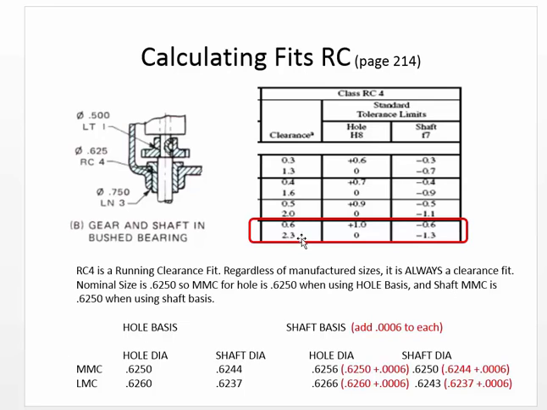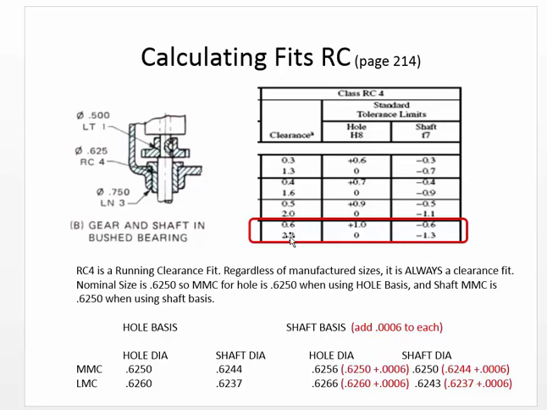Now when you're done calculating, you can check your work by looking back in the table. And in the table it says you've got a 6/10 clearance or a 2.3 clearance. So we take a look and say, well, what is the clearance at max material condition? Max material condition clearance is going to be the difference between this and this, which is 6/10, which is what it is. What's the difference at least material condition? Difference between 1 thou and 1.3 thou.